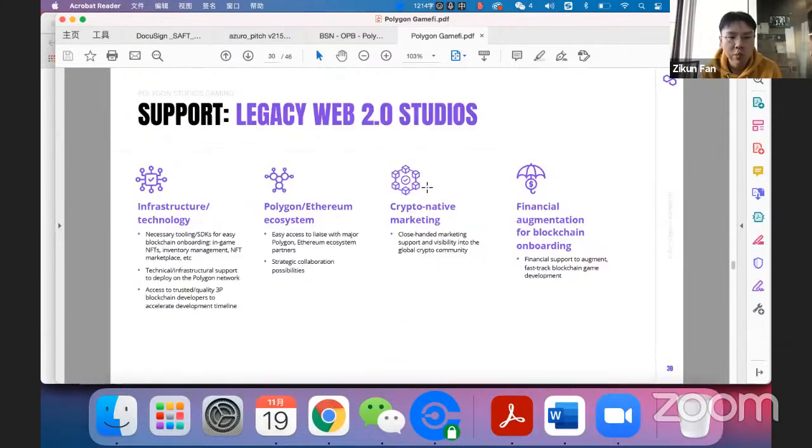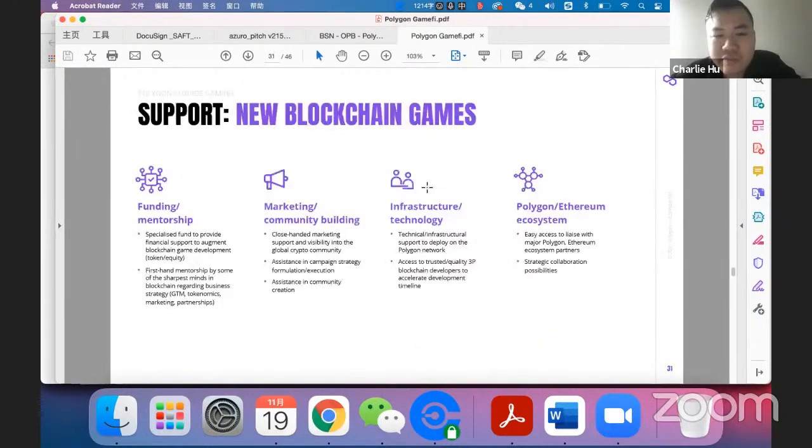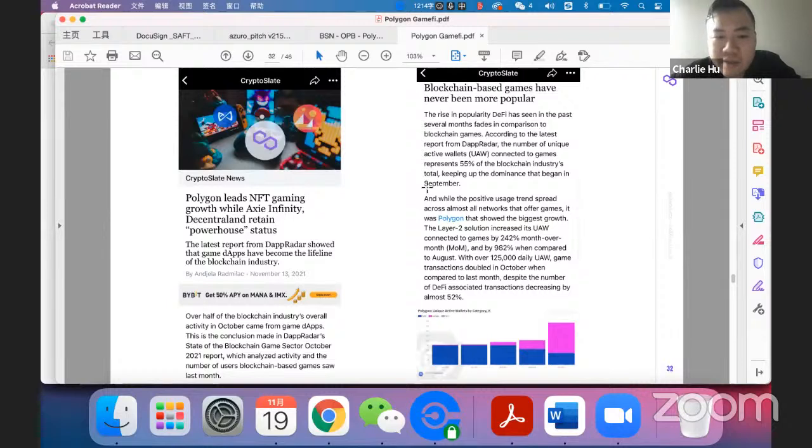So these are the slides I was using yesterday for the GameFi talks. As we can see from CryptoSlate, we have huge growth, more than 200% every month. The daily transacting wallets are increasing quite a lot.